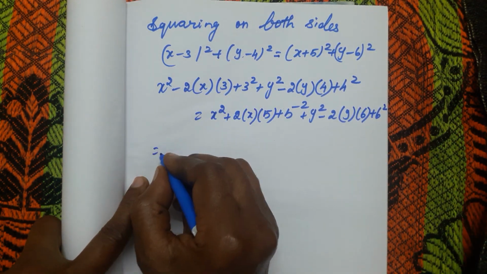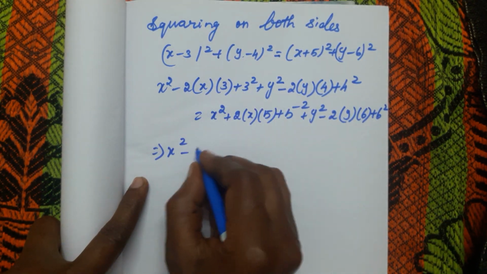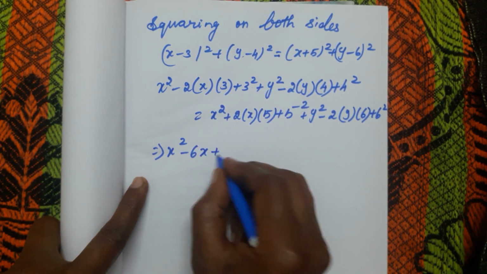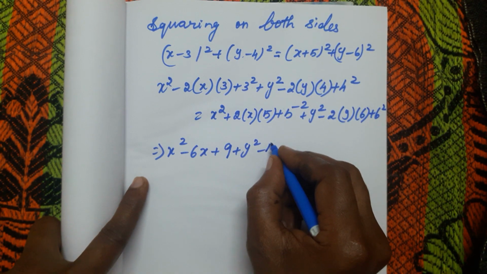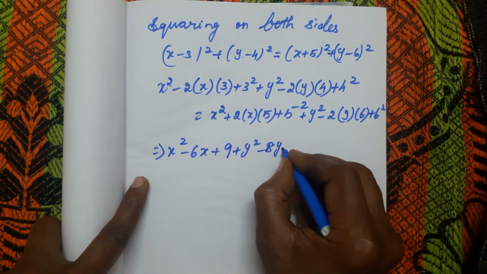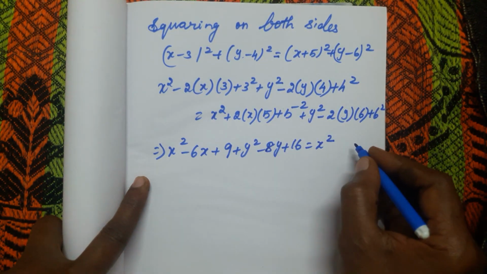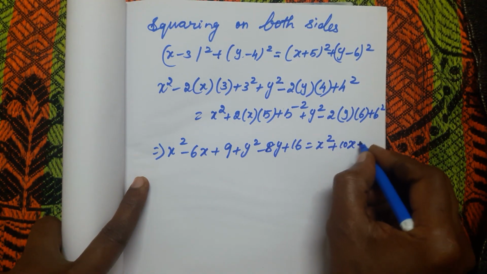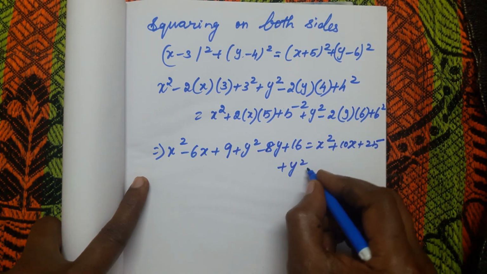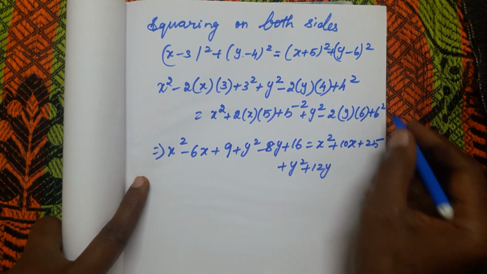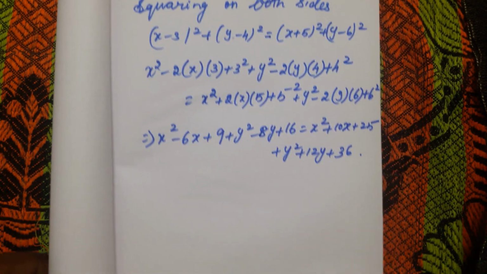This implies x square minus 6x (2 threes are 6) plus 3 square is 9, plus y square minus 8y (2 fours are 8) plus 16 is equal to x square plus 10x (2 fives are 10) plus 25, plus y square minus 12y (2 sixes are 12) plus 6 square, 36. Clear this? Any doubt? Okay.